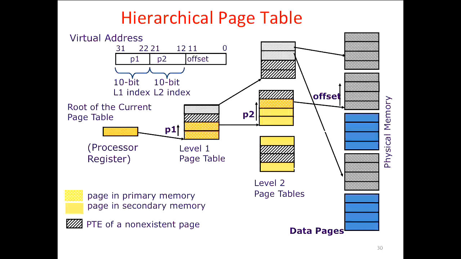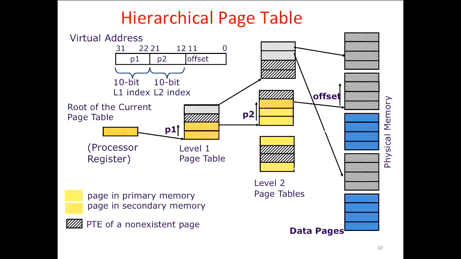You then take the lower 10 bits of the virtual page number and index into the level 2 page table to get the base of the physical page in memory, and then finally use the offset to get the byte within the page. So now you do 2 indirections through memory, not just one. So every request the user makes now costs 3 times the number of memory references: once to level 1, then to find level 2, then the data.